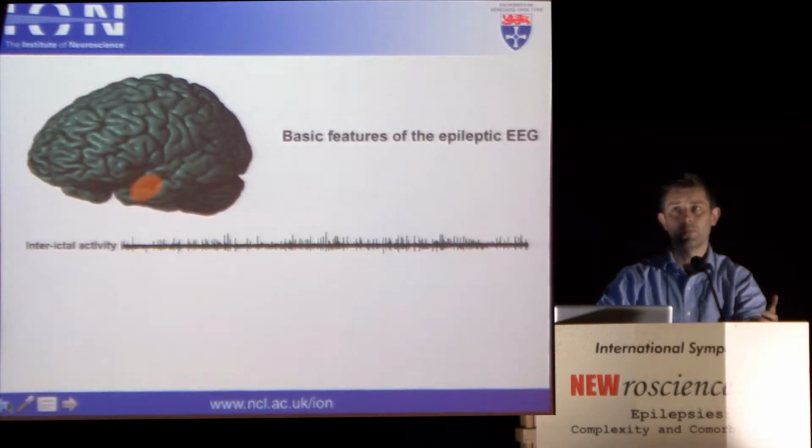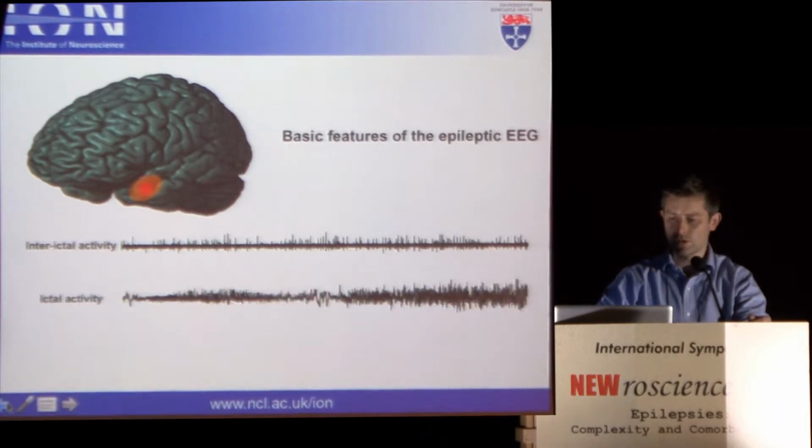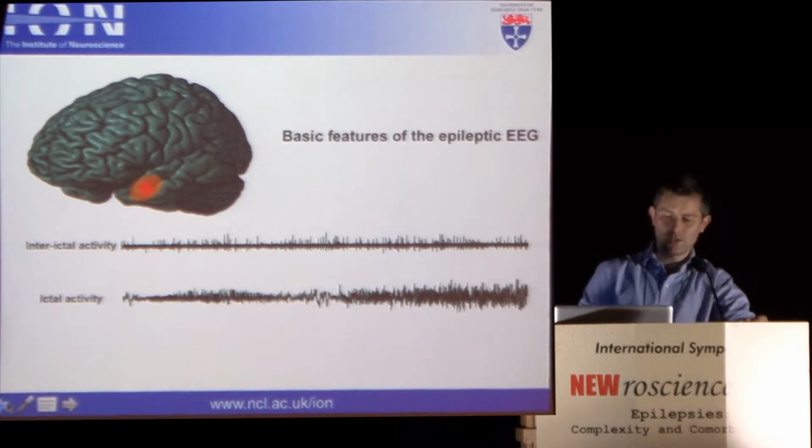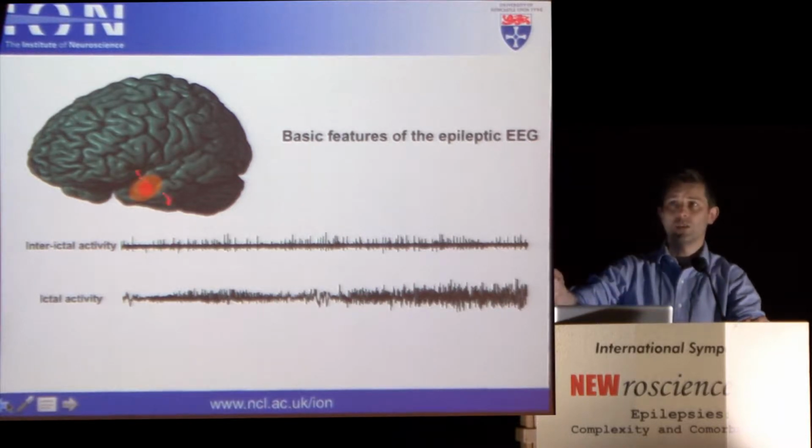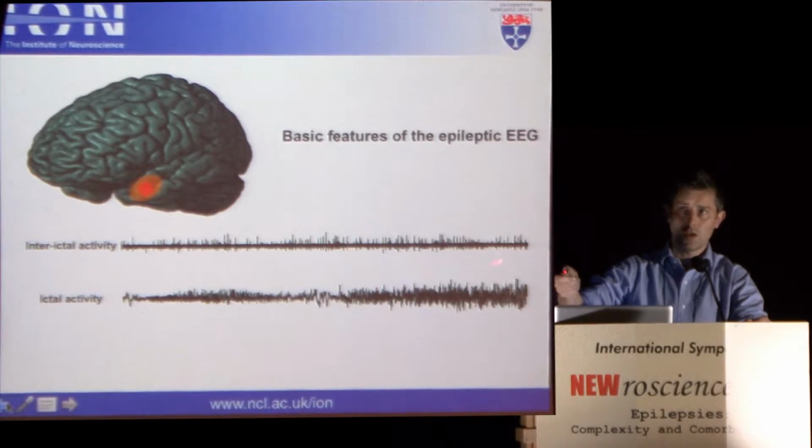So we know that the EEG is the gold standard which clinicians such as neurologists and neurophysiologists apply to understand not only the type of seizure but the localization of the seizure. And this just shows the basic features of the epileptic EEG, where we have the interictal activity, which are these sharp wave discharges, which tend to be localized to a sort of broad area.